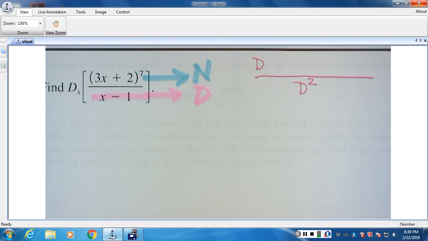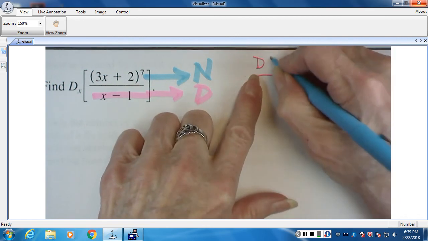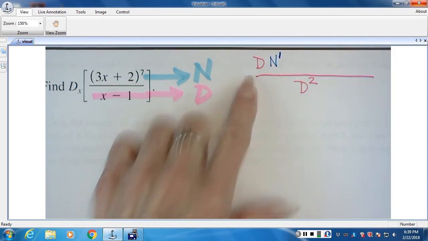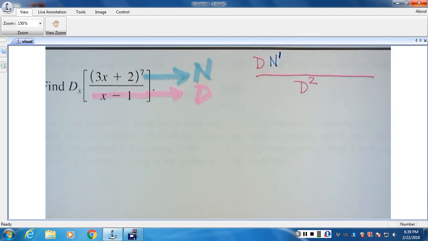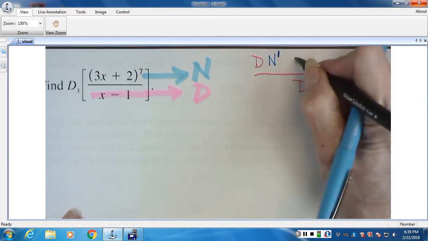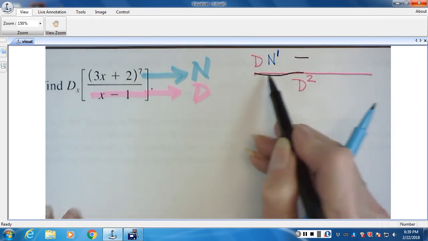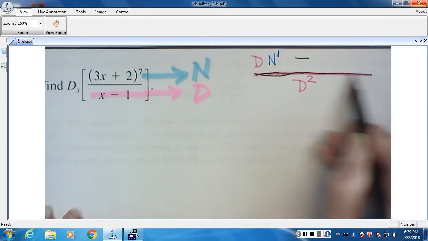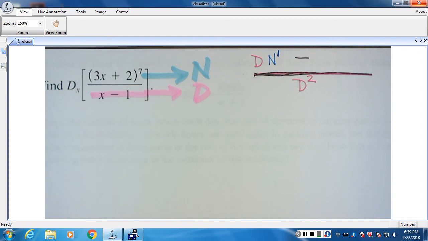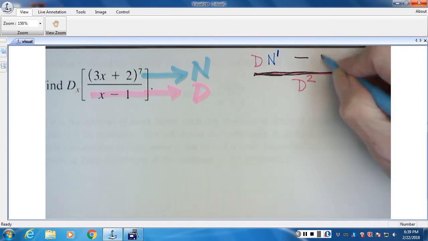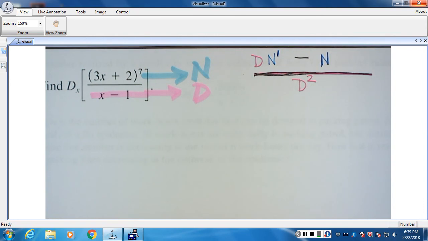And you multiply the denominator times the derivative of the numerator. And then you're going to subtract from that the numerator times the derivative of the denominator.